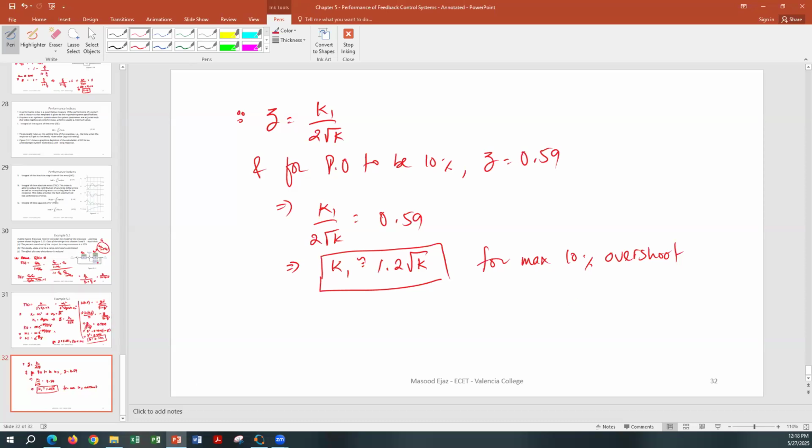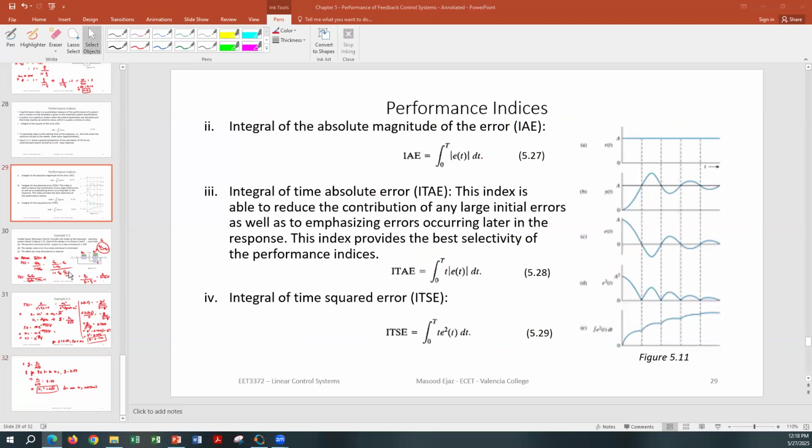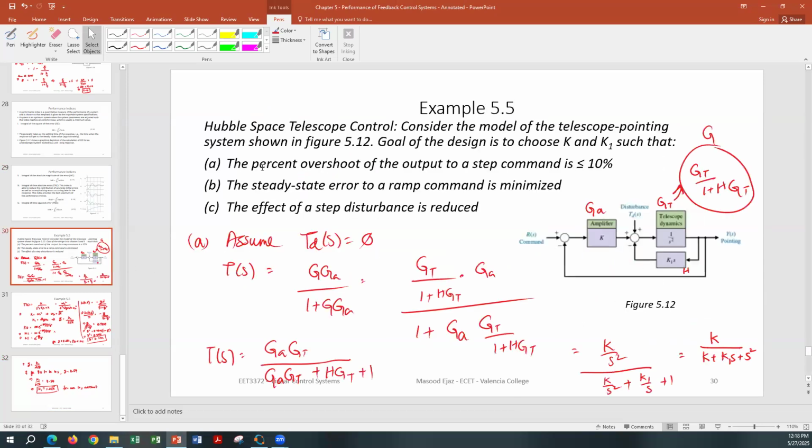The three things are: 10% overshoot, which we established a condition for; the steady state error to a ramp command is minimized; and the effect of the step disturbance is reduced. We have to incorporate the other two conditions, and then establish the values of K and K1 that will satisfy all three conditions.